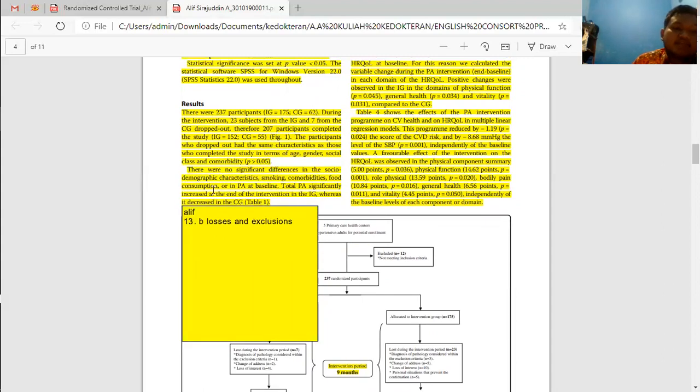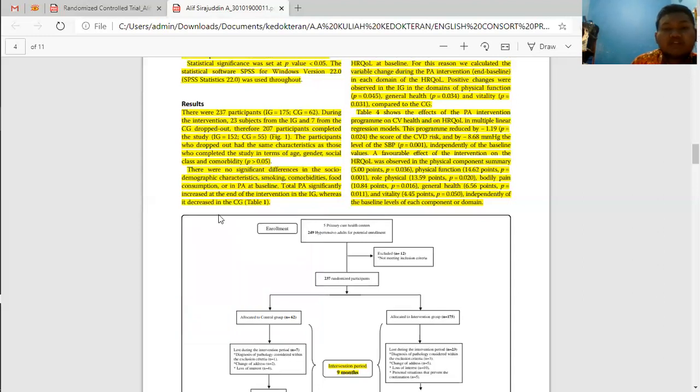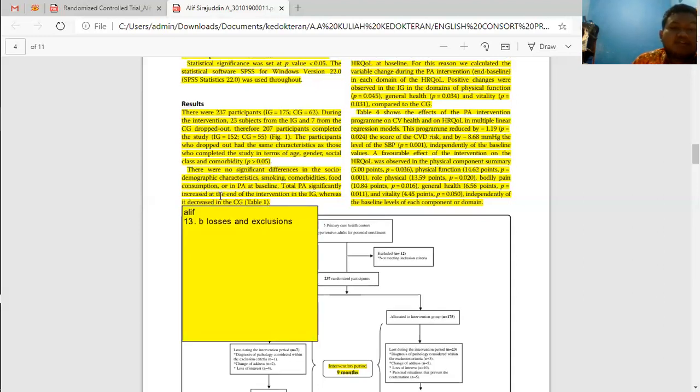And the next paragraph is about losses and exclusions after randomization. So the first one is for those who received treatment, and the second one, 13B, is for after randomization.